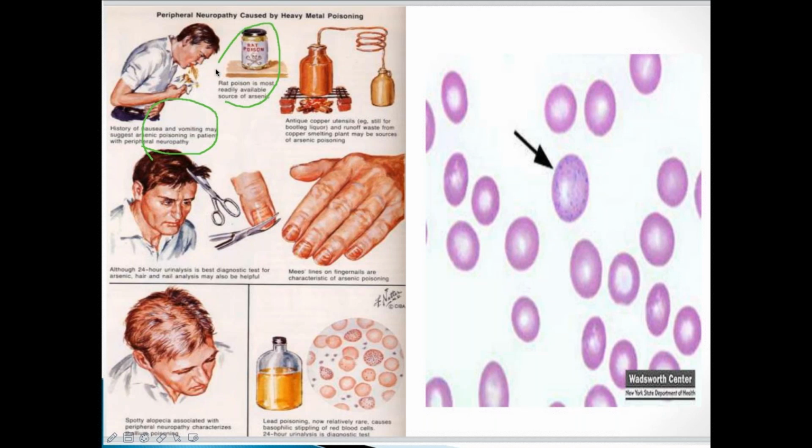There might be a history of rat poison ingestion due to suicidal intent, or some people use copper utensils for a long term, and manufacturing of country made liquor might have arsenic mixed in, right? So these are arsenic, rat poison in arsenic. Lead can also be an implicating factor.